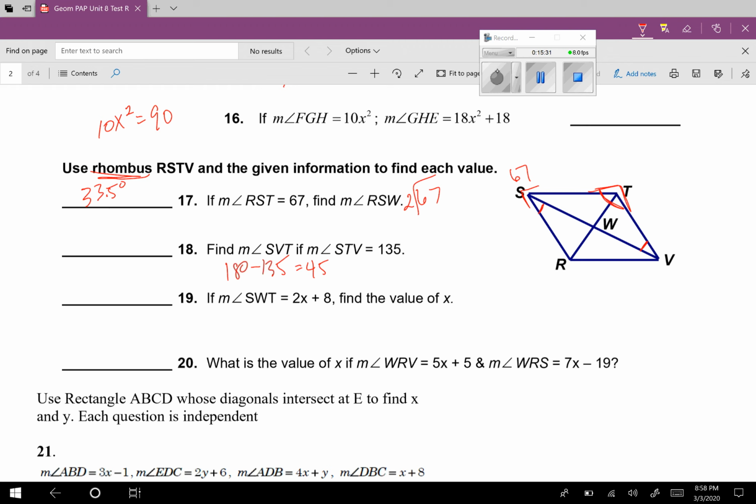But now they only want half of the angle SVT, just this part. So you have to take the 45 and divide it by 2, and so you get 22.5.